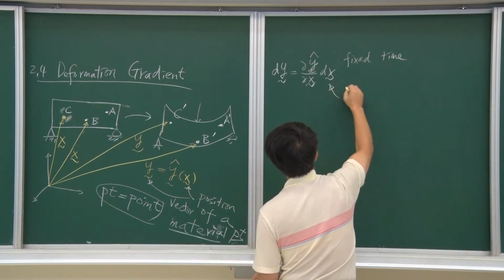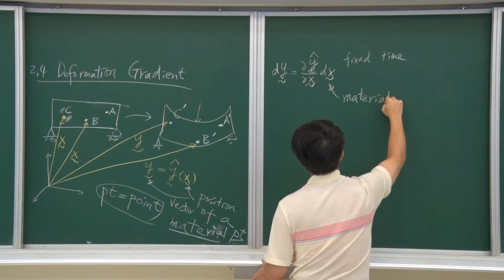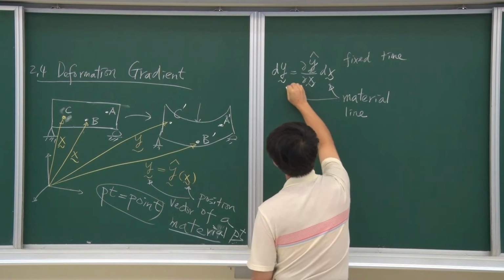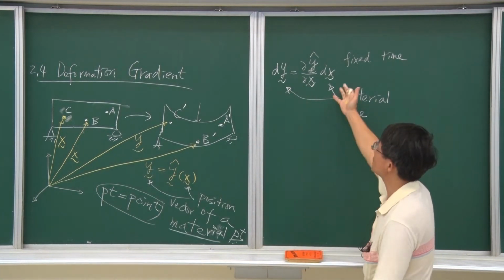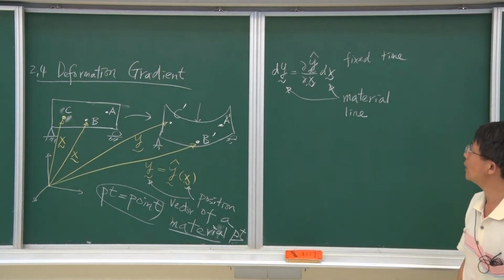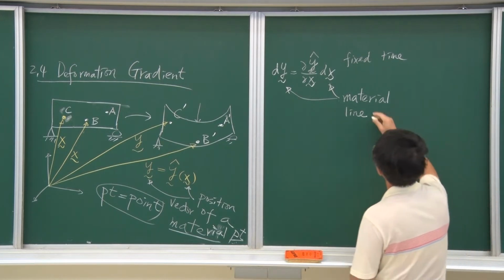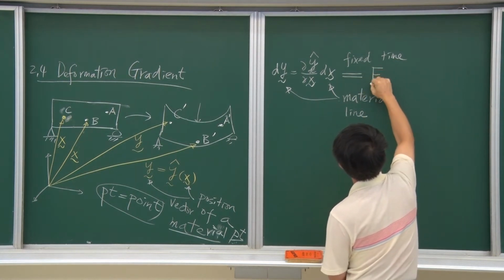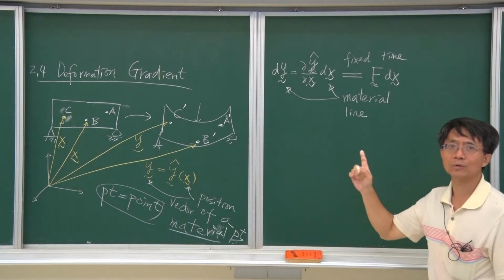Here, this is the material line. Okay, and this is two, before and after the deformation. 这个就是在变形前跟变形后的材料线。And we have the rotation like this, very important rotation.